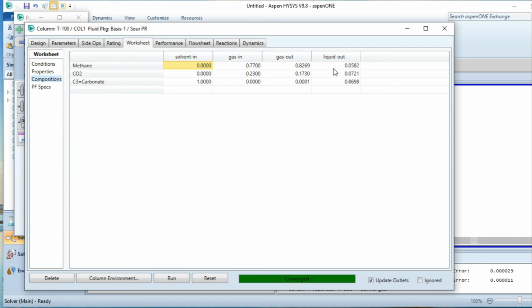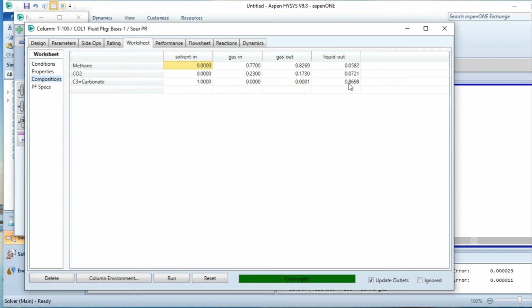The reason is that initially the solvent, propylene carbonate, is 100 mole percent, so that is why it has to take more ratio than the other counterparts.